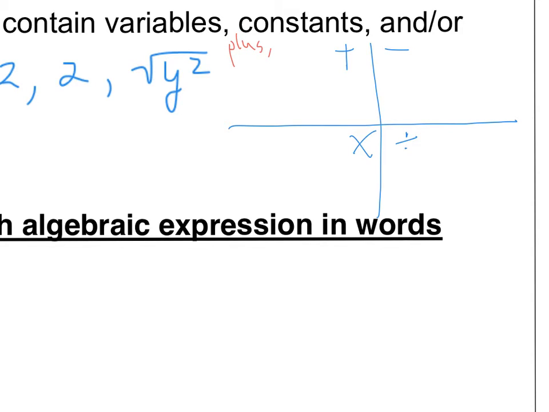We could use 2 more than 3, so we could use the expression more than to mean addition. We can use 2 increased by 3, so we can use increased by.